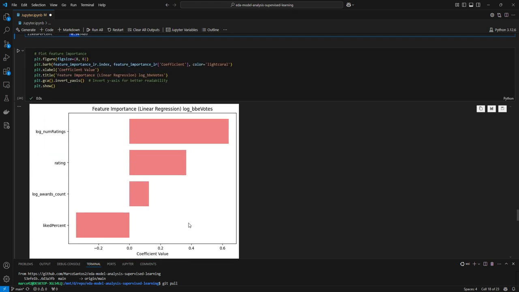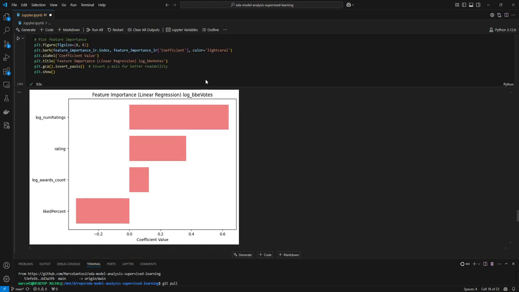We can see here a little bit of a graph showing us these results. So obviously the most important feature here is going to be number of ratings, followed by the rating itself. So how many ratings a book has and then what rating it has, right?